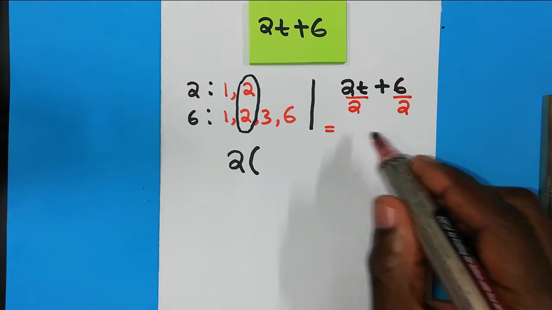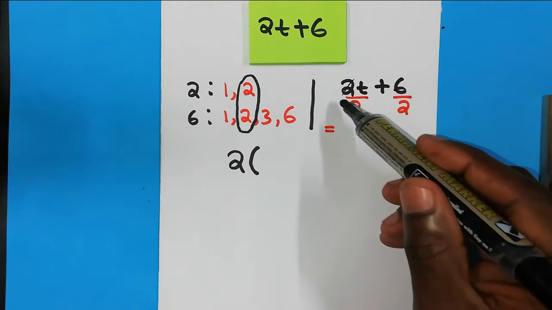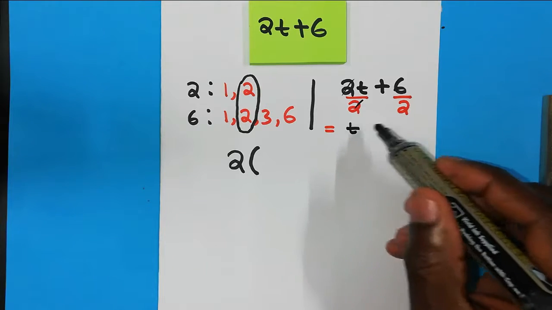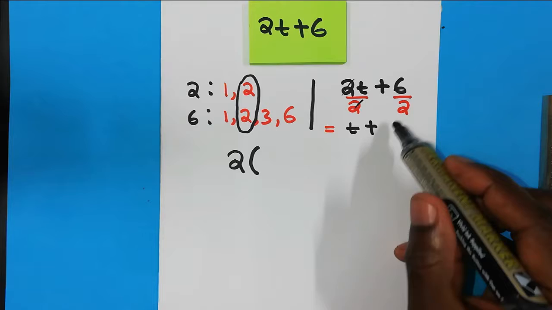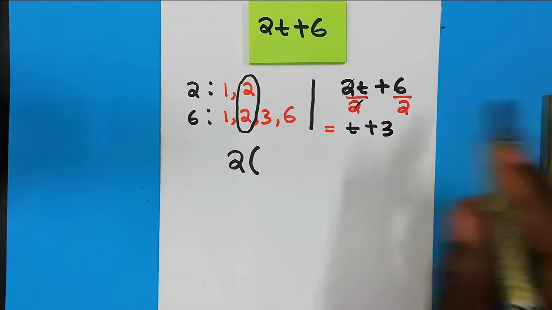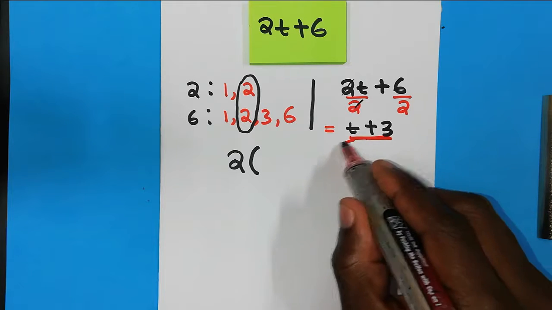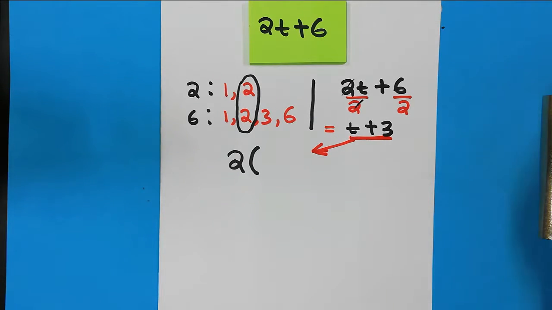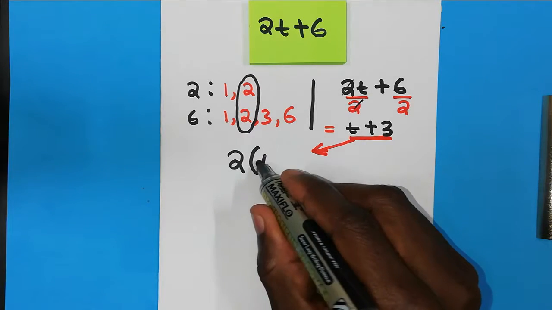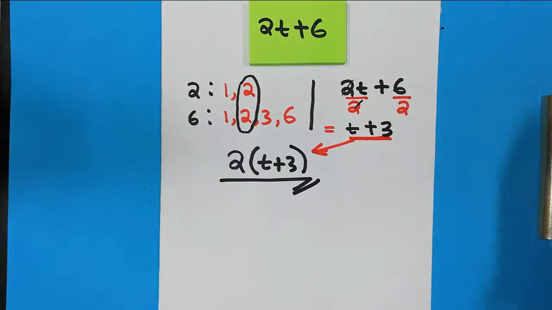So what do you get? 2 cancel 2, you're left with t, and then here 6 over 2 equals 3. That answer is the one that you're going to write inside the brackets. So inside the brackets we're going to have t plus 3. This is our factorized answer.